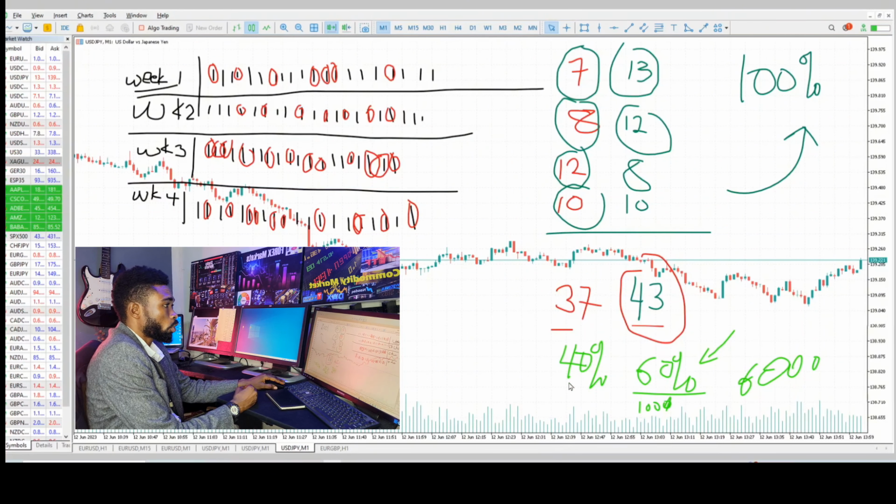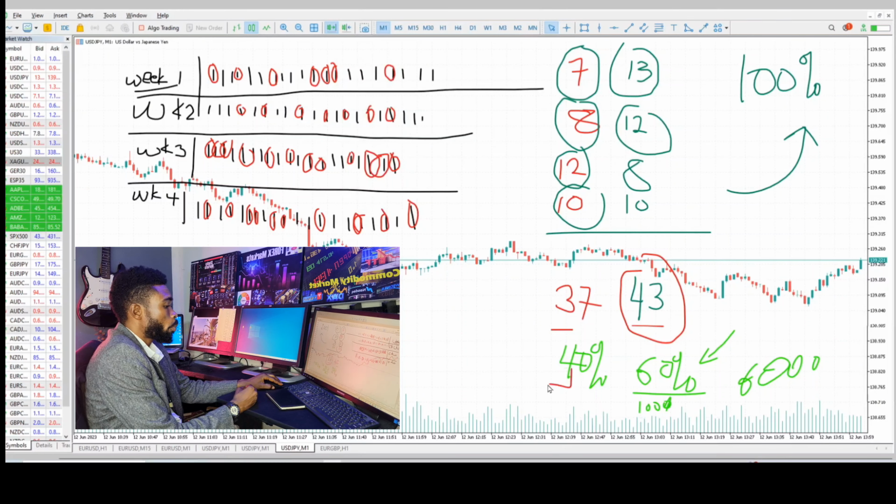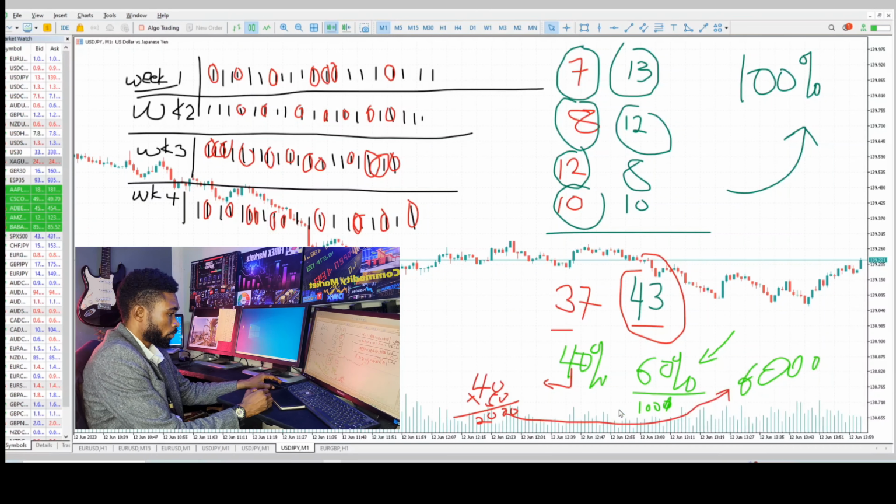And then for 40 losses, we have 40 times 50, and this gives us 2,000. Now when you take 2,000 from 6,000, would there be profit or not?